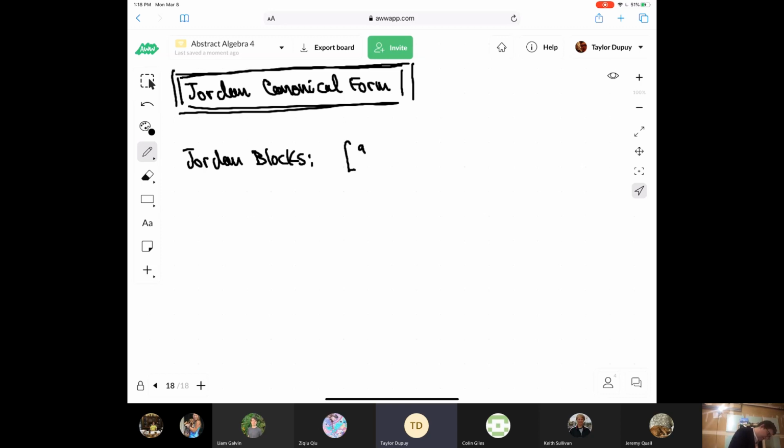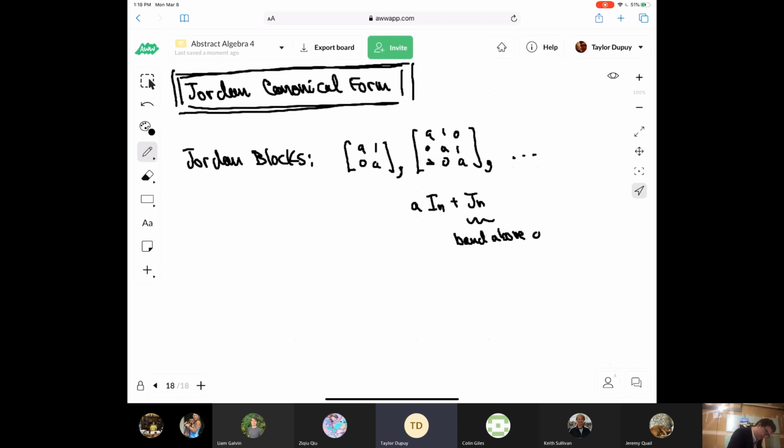These were the things that looked like A, A, 1, 0, A, A, A, zeros everywhere. These matrices look like some identity matrix times an element A plus J_n, and this is the band above the diagonal with ones.